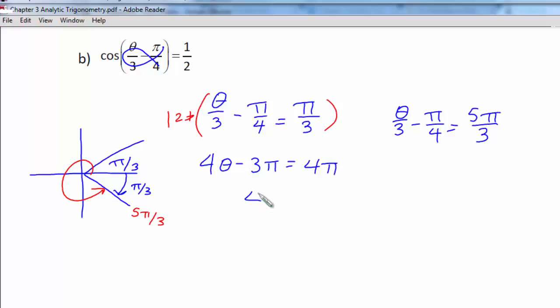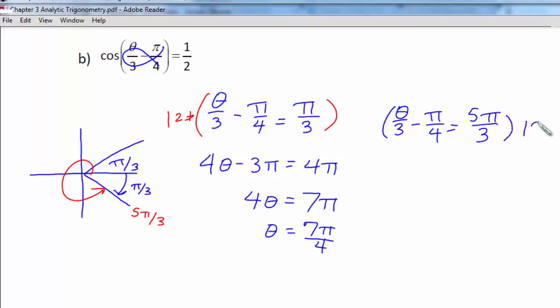Okay, or 4 theta equals, if I add 3 pi to both sides, we get what? 7 pi. And so theta equals 7 pi over 4. That'd be one solution. If we let theta be 7 pi over 4 up here, then that will give us a true statement.